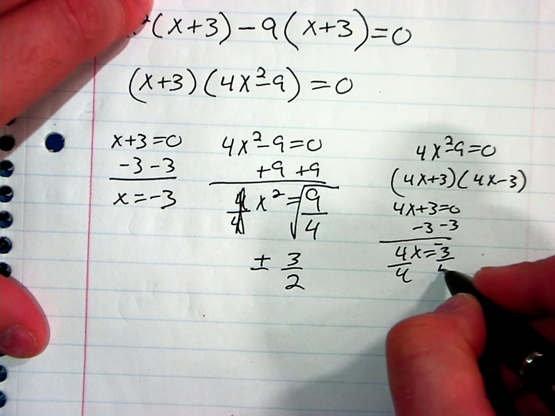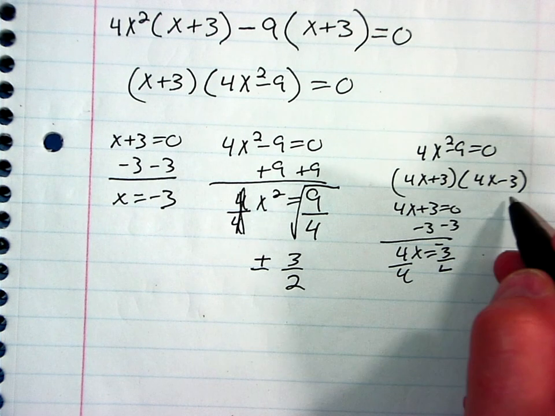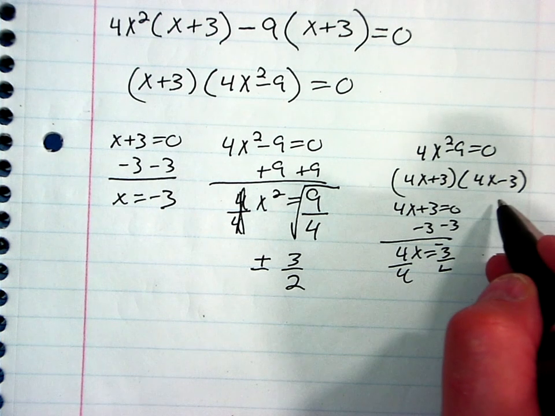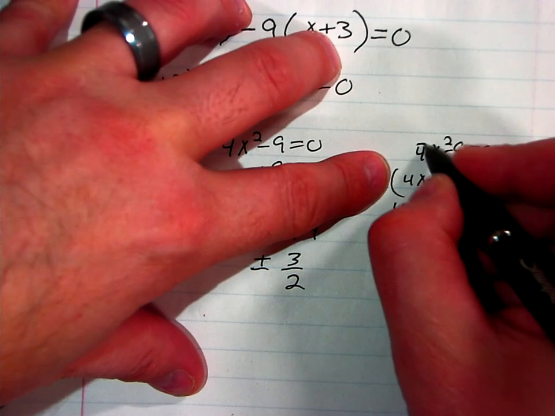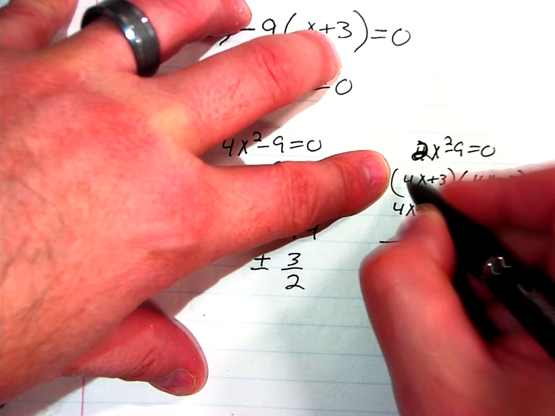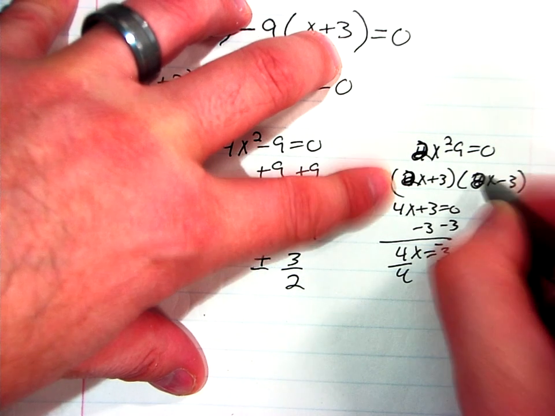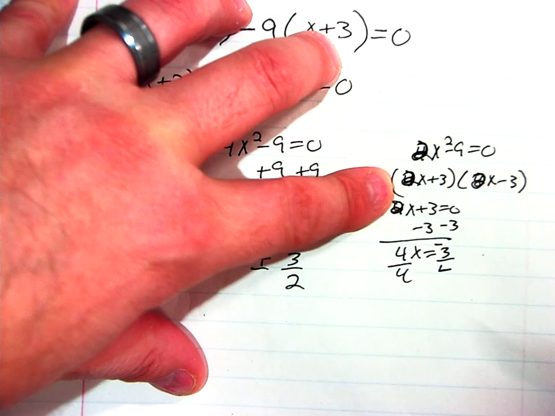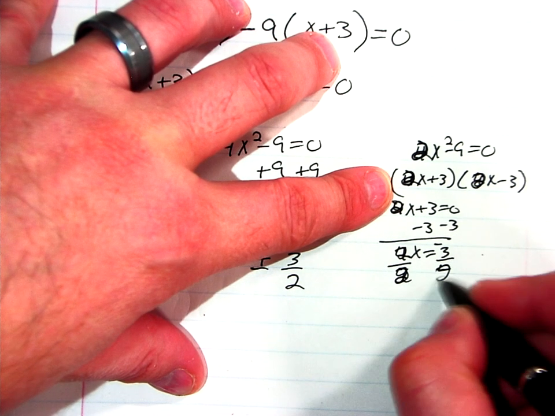Yeah, but that's not right. Hold on. 4x plus 3, 4x minus 3. Oh, it would have been 2x. It would have been 2x. I'm sorry. Because it's a difference of squares. So it would have been 2x. I apologize. Yeah, I should have, and I didn't. So, for shame.